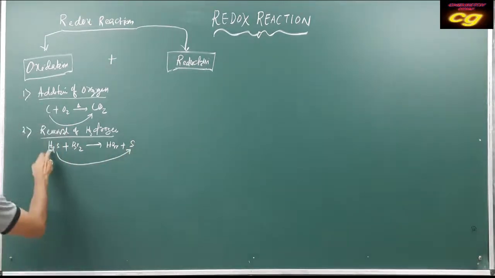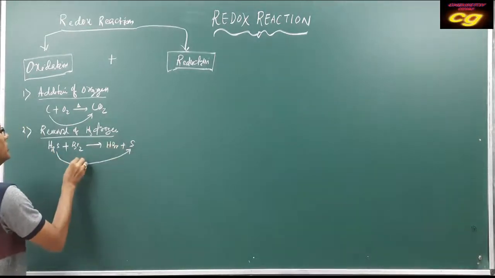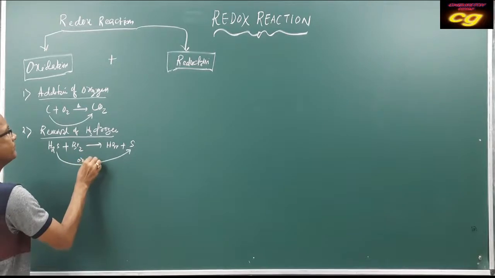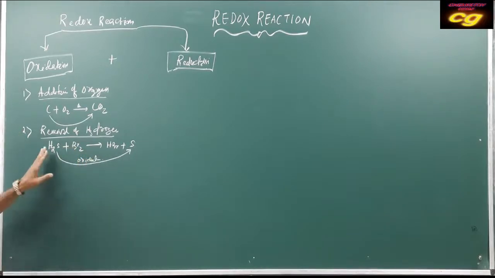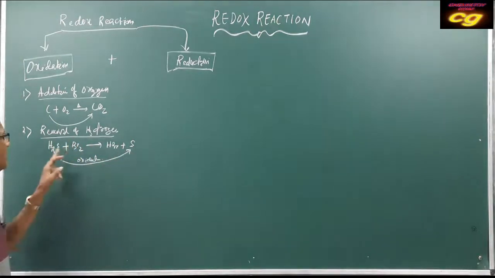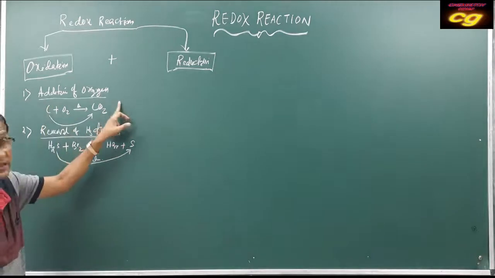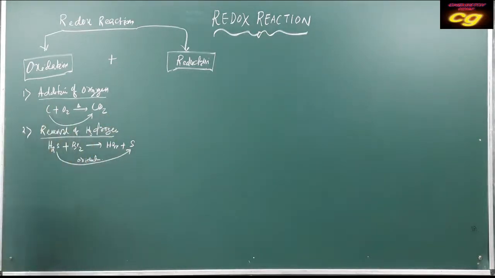That means loss of hydrogen, removal of hydrogen, so it is called oxidation. Here H2S undergoes oxidation to sulfur because loss of hydrogen takes place. Similarly, carbon undergoes oxidation to carbon dioxide due to addition of oxygen.